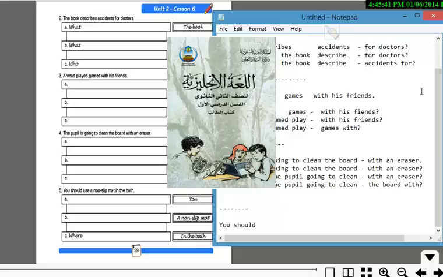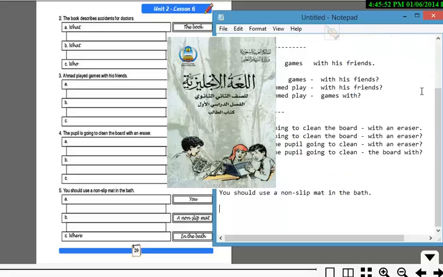You should use a non-slip mat in the bath. So if we're going to ask about you, you're going to say who, and use the same sentence again because we're asking about the person.